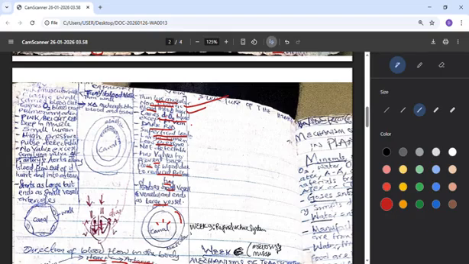It carries deoxygenated blood except the pulmonary vein. Then it is dark red, that's for the vein, and it has a superficial location.